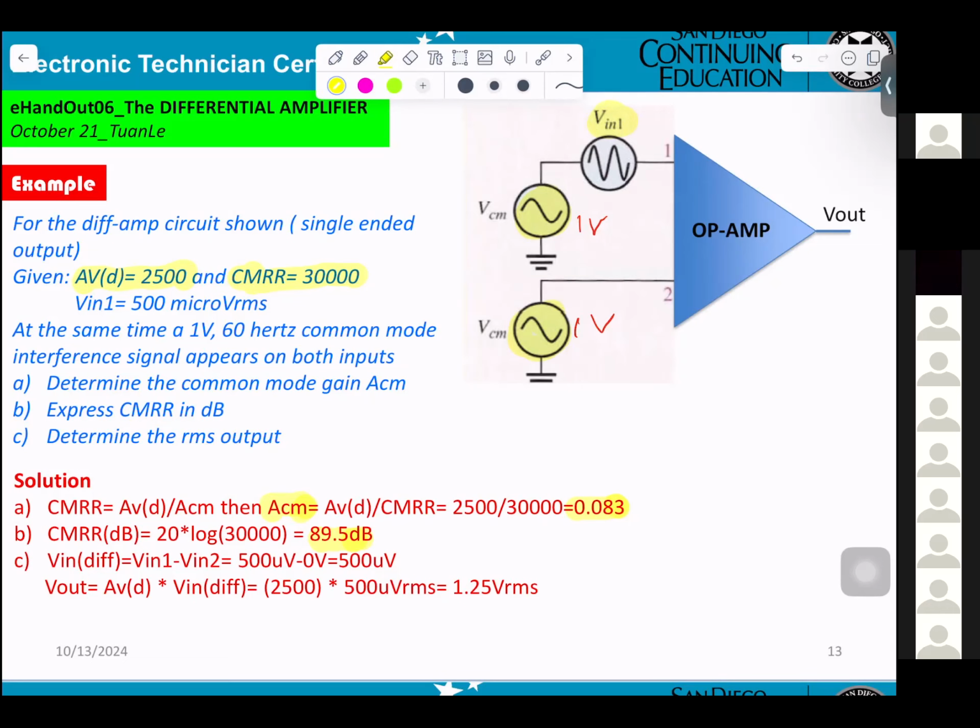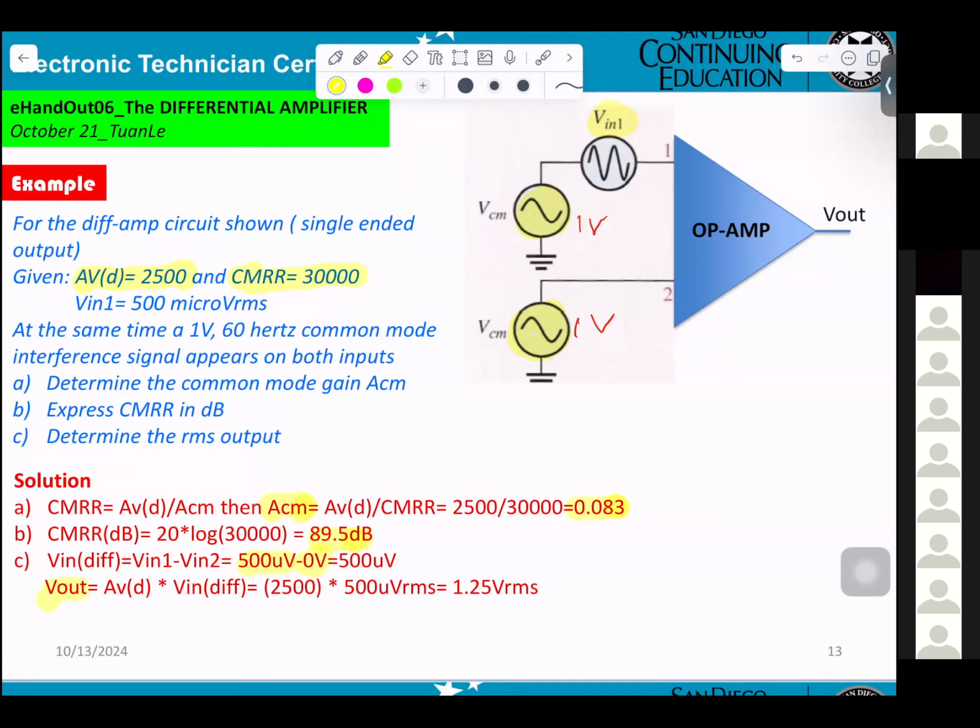So V in 1, 500 microvolt, minus 0. You get 500 microvolt. Mr. Pham, there is no V in 2, is that correct? Exactly. Only one input, V in 1.